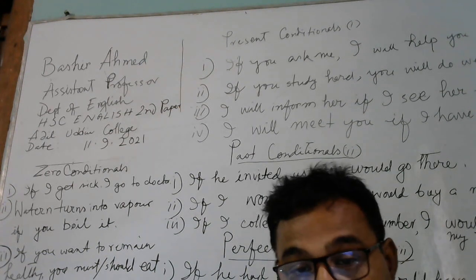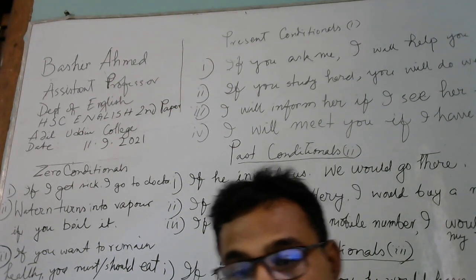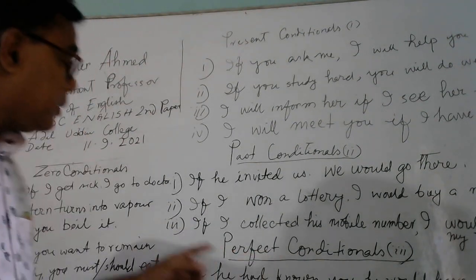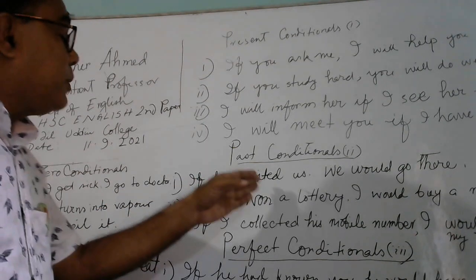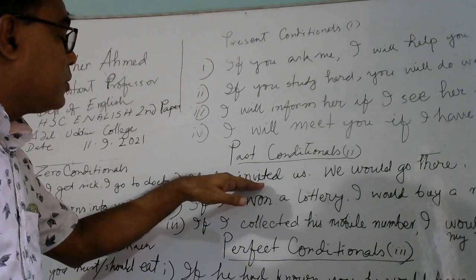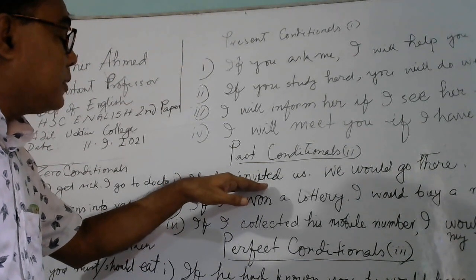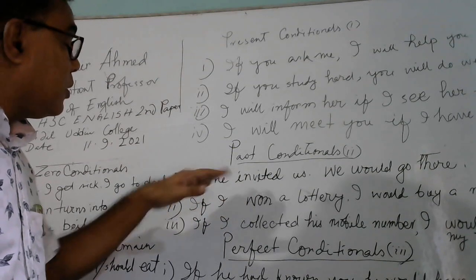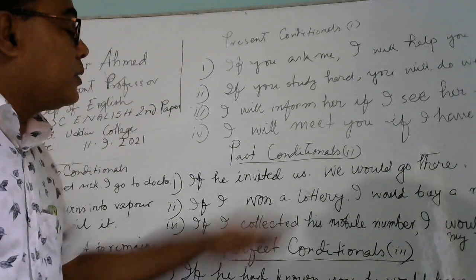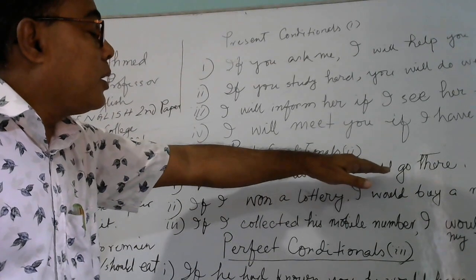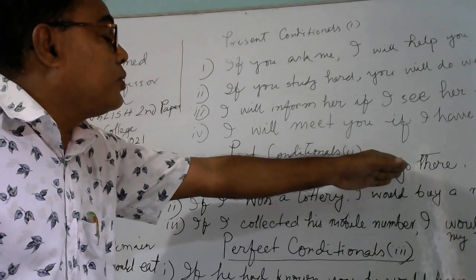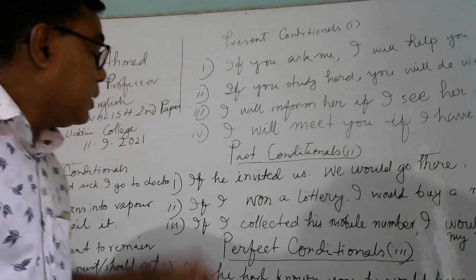And next, past conditionals. You see that in the past conditionals here, if he invited us, remember we have used past simple here in this subordinate part or in the if part. We would go there. Here we have used would, and after that we have used the present form of the verb.